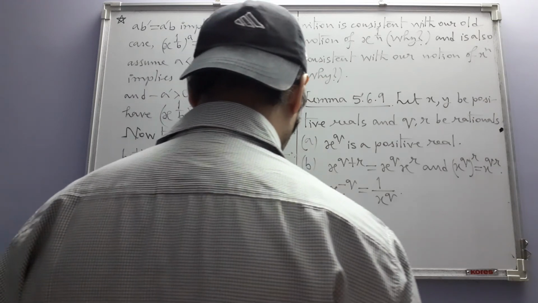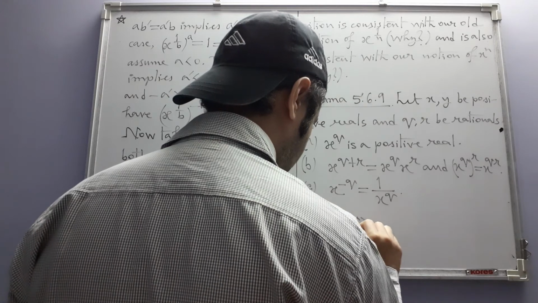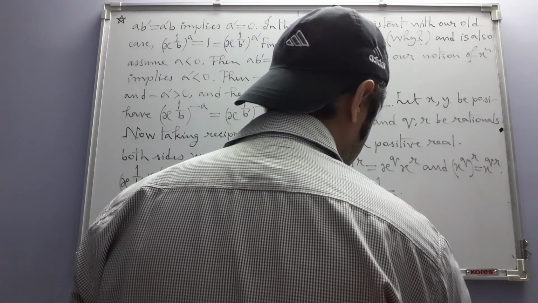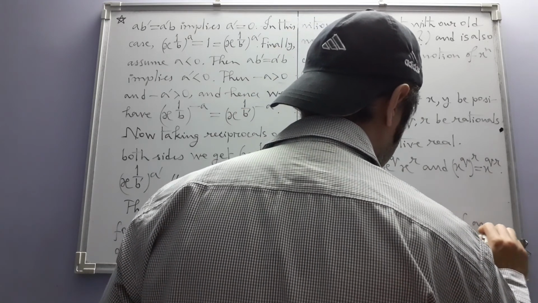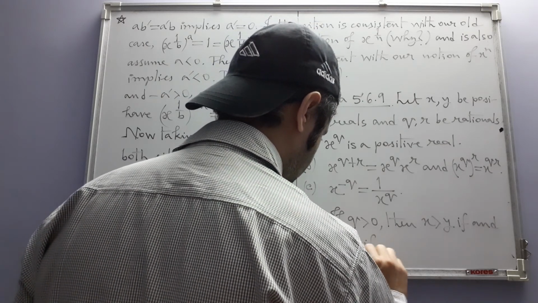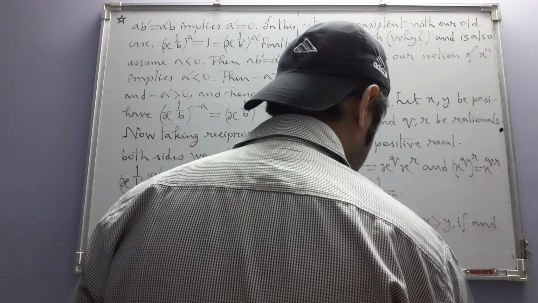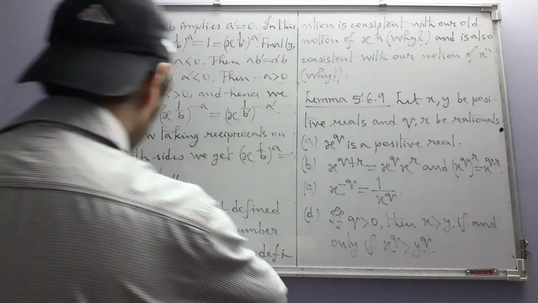D, if q is greater than 0, then x is greater than y if and only if x to the power q is greater than y to the power q.